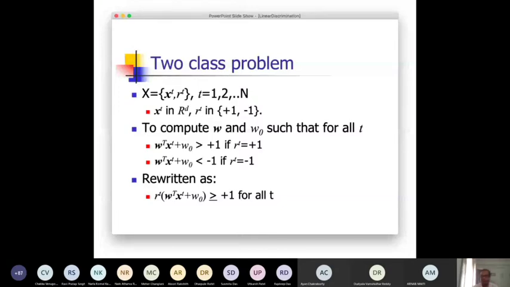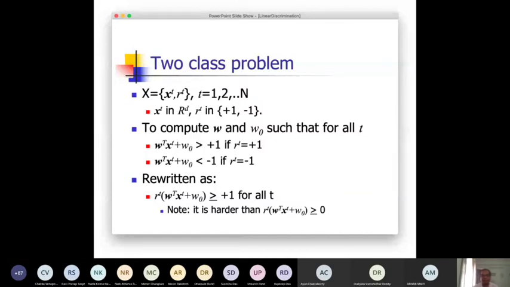So that is the reason I told that class labels have to be +1 and -1. This is one reason that you can convert this problem nicely into constraints in a uniform form. So you don't have to put conditional things, whether it is class +1 or -1.